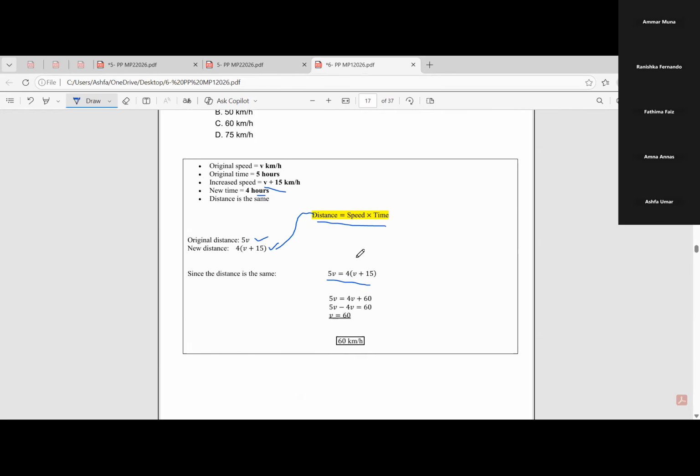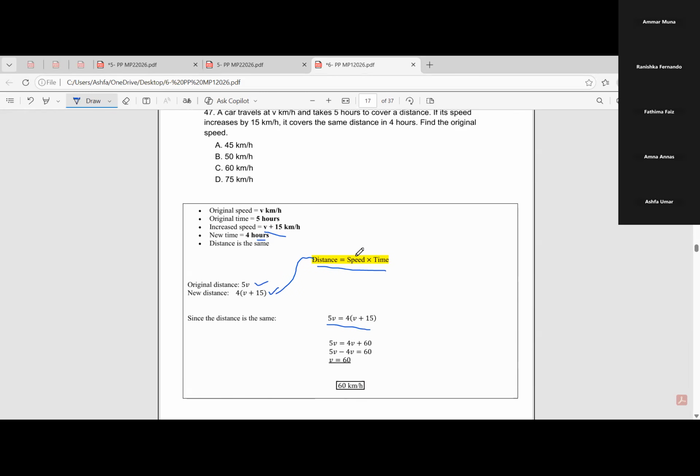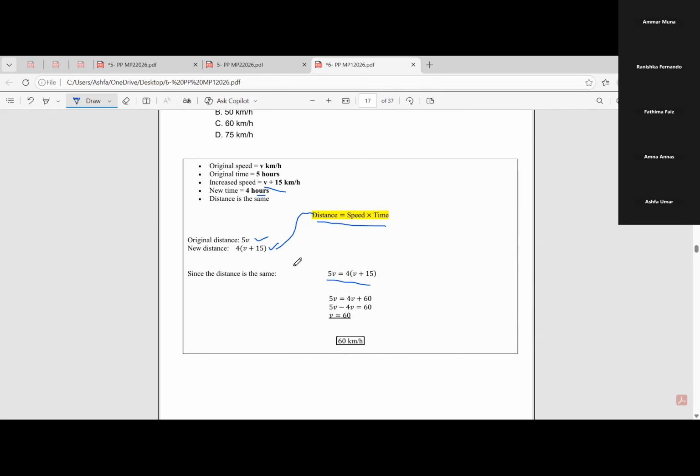So whenever the speed changes but the distance is the same, equate the two distance expressions this way, then you can get the answer. Simply make the two expressions equal and solve, since both distances are equal.